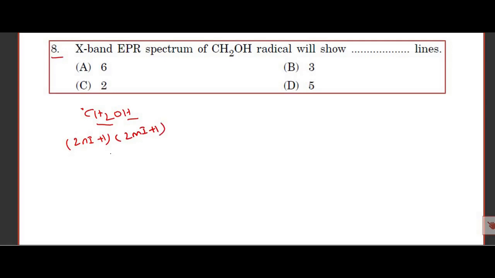For this, n is 2 hydrogens, I for hydrogen is half, so 2 into 2 into half plus 1 is 3. For the second, there is one hydrogen, I equal to half, so 2 into 1 into half plus 1 is 2. 3 into 2 is 6 lines. Option A is correct.